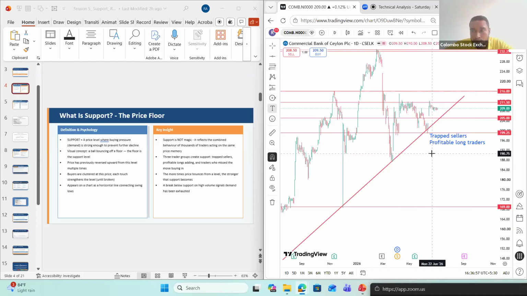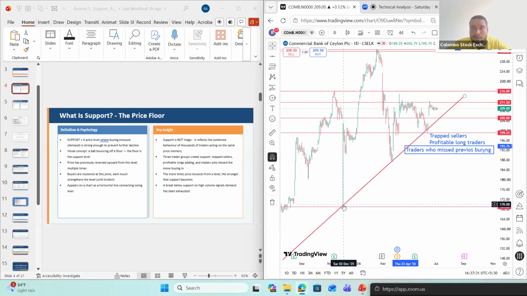The other type of traders who create these support levels are the traders who miss the previous buying opportunity. These are different situations of different types of trader expectations that create these supports and resistances. Earlier we discussed the trader who entered at this position.